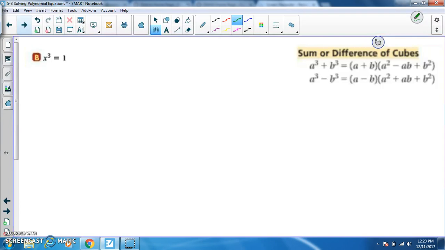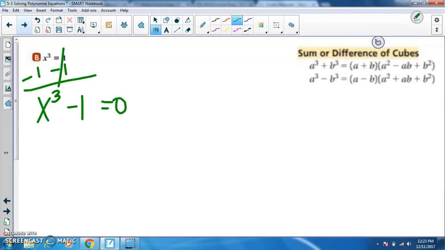When I have a cube, I still need to get it equal to 0, so I have x cubed minus 1 equals 0. This is a difference of cubes, so I will be following this formula. The cube root of x cubed is x. The cube root of negative 1 is negative 1.